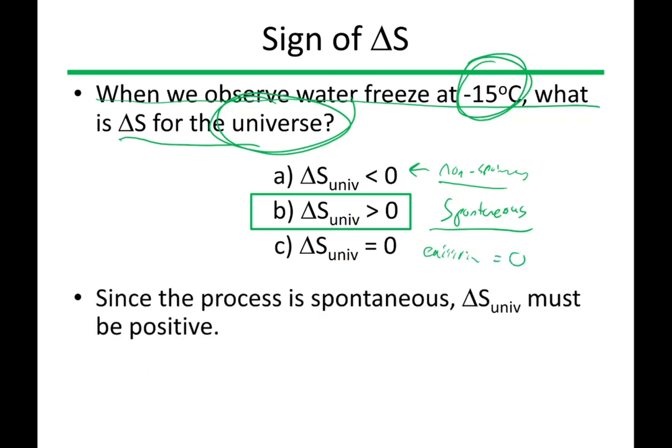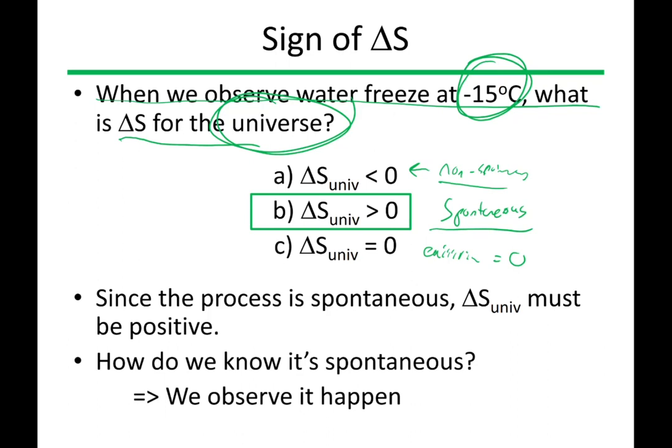So to recap, if it's spontaneous, delta S of the universe has to be positive, and we know it's spontaneous because it happened. As an overview, when looking at the delta S of the system, you want to consider the order and transitions. For the surroundings, you want to consider heat. And for the universe, you just want to consider whether or not it happened.